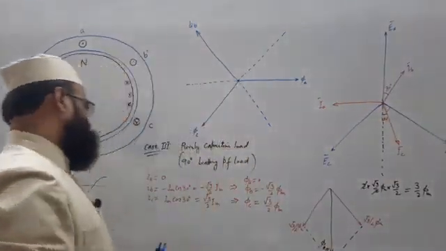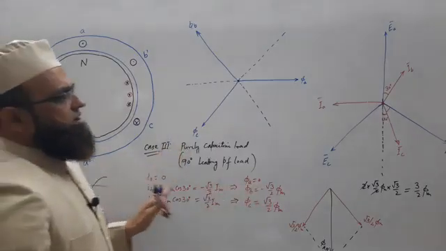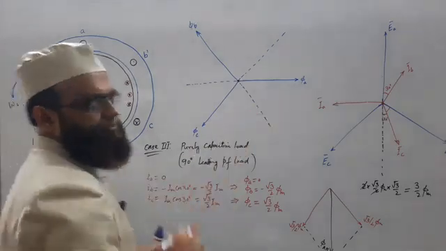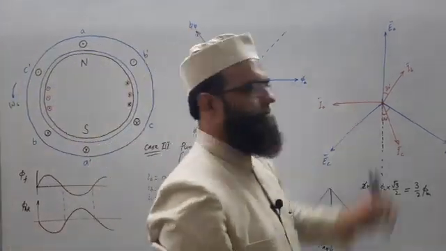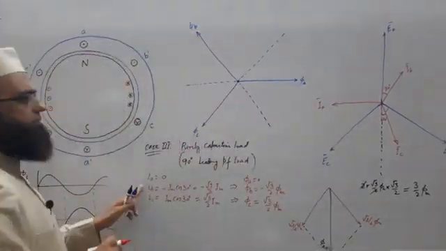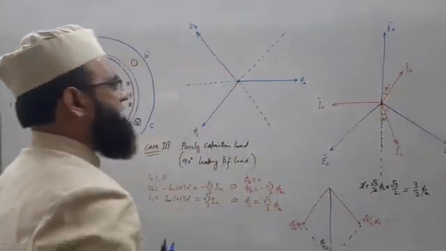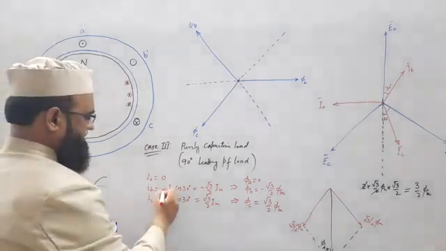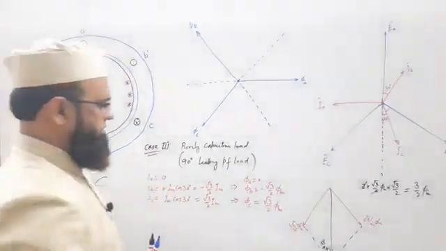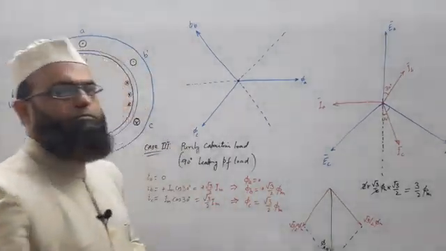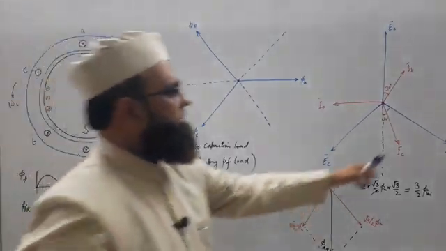So again the same procedure. In this case also IA is 0, you can see no vertical projection. What about IB? IB is having IM cos 30 with plus sign. What about IC?